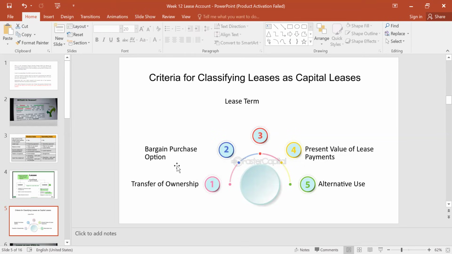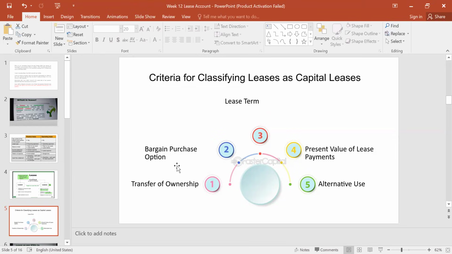Okay. So to be a complete lease agreement, you have to follow four criteria or four conditions. Without any one, you cannot contract or deal the lease agreement according to the rules and procedure of IFRS 16.